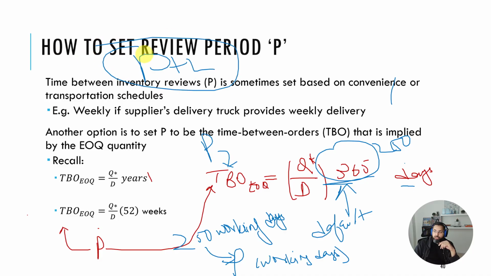So because it's hard to put L in working days, we keep P in just regular days as well. So you will not see me ask you a question where I give you the working days for a PT system, because you have to do P plus L and they must be in the same units. So we'll just do it with 365 days.